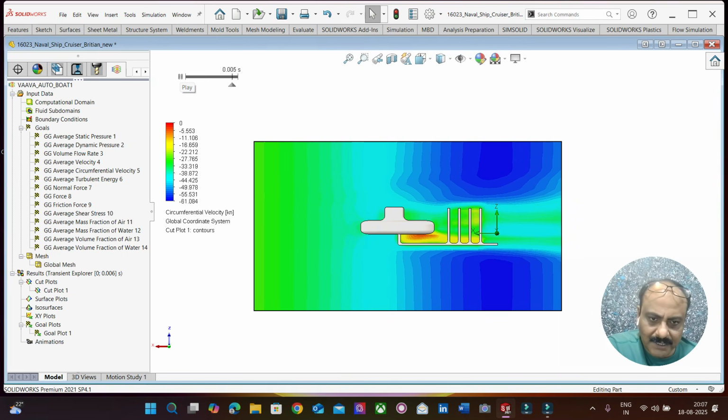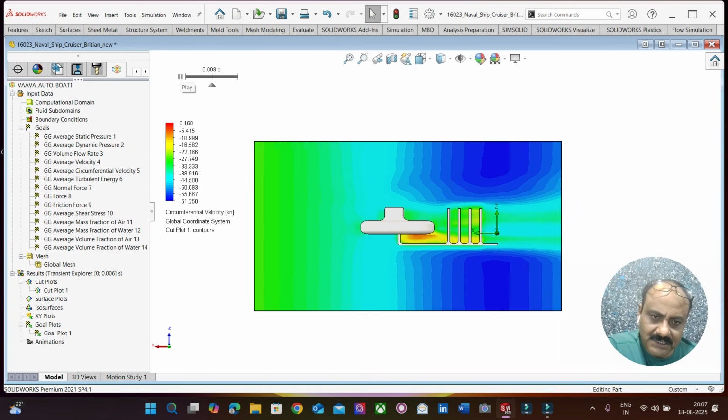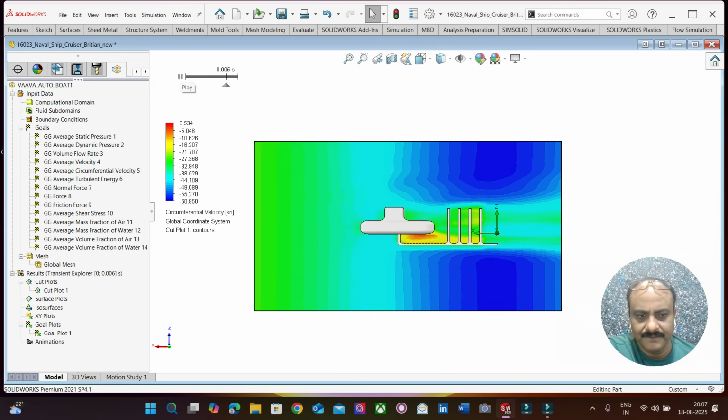This particular region becomes the zone of compression. Now all the air that comes here, a part of it strikes on the top, and a part of it swirls here within the two bluff bodies, and then that becomes a vortex and gets accumulated here. So this is the circumferential velocity.